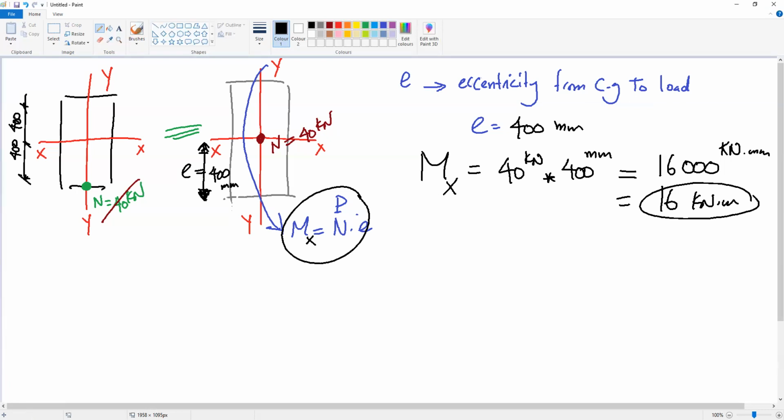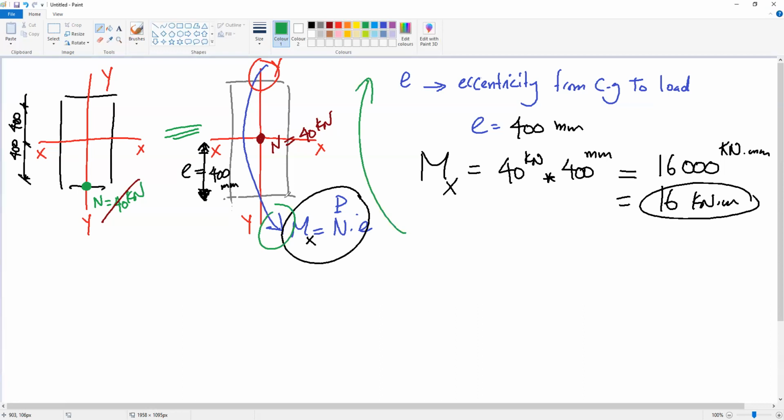So Mx. What else do we need to know? Why did I put the direction like that? Why did I put the tail on the top and the head on the bottom? Why not the reverse? As you can see, the force is pushing down under the x-axis.